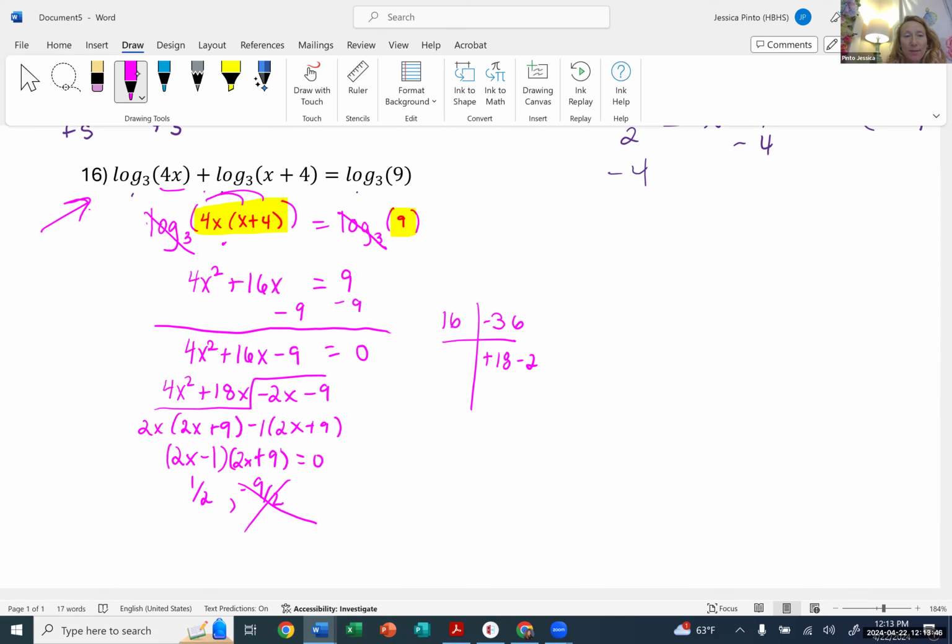Half of 4 would be 2. It would be 2 times, and then it's half plus 4, so 4.5, equals 9. Yes, mathematically it works, and it creates all positives in the log. So the answer is x is equal to 1/2 or 0.5 this time.